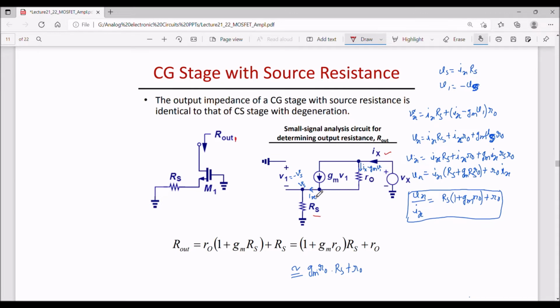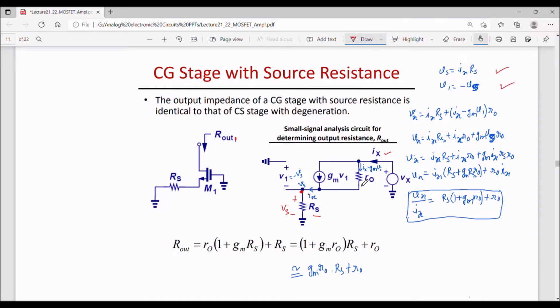And let us say at this point the potential is Vs. So Vs is also equal to Ix times Rs, and V1 is minus Vs.